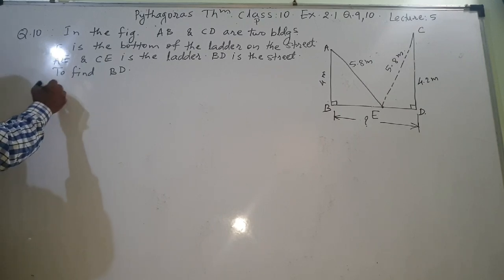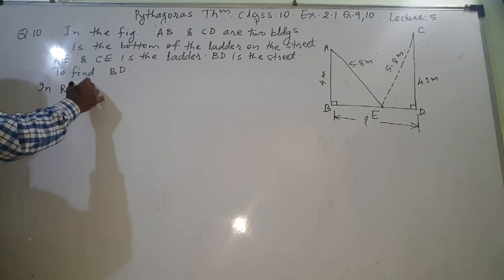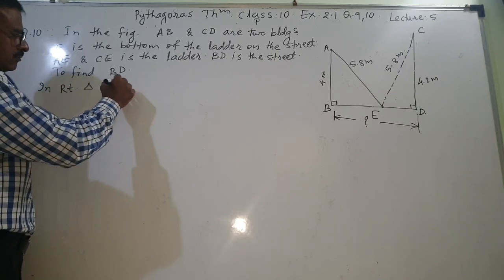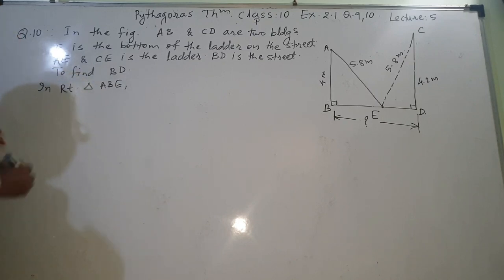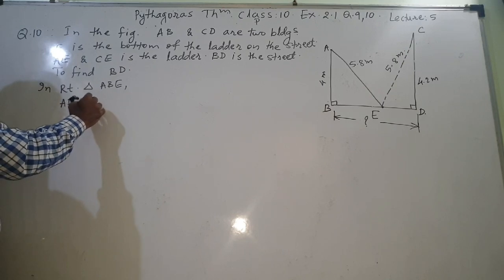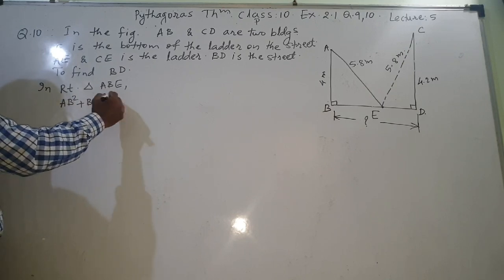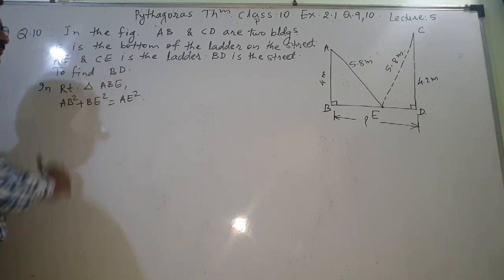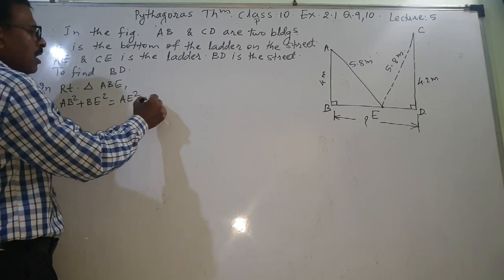In right angle triangle ABE, AB square plus BE square is equal to AE square. Reason, Pythagoras.